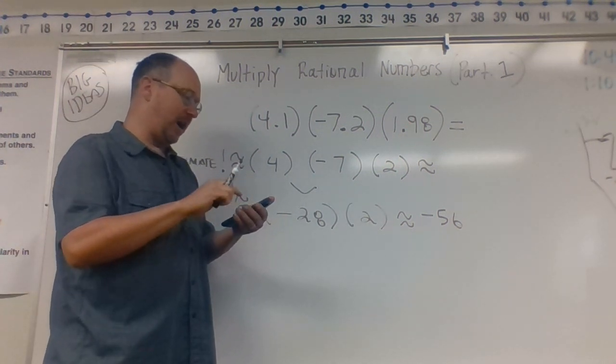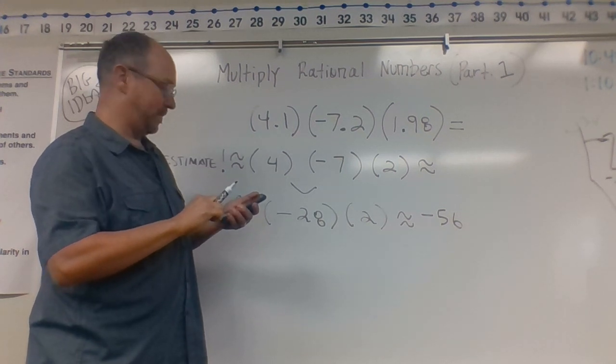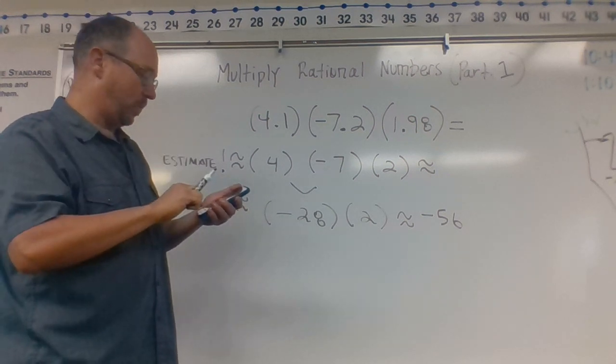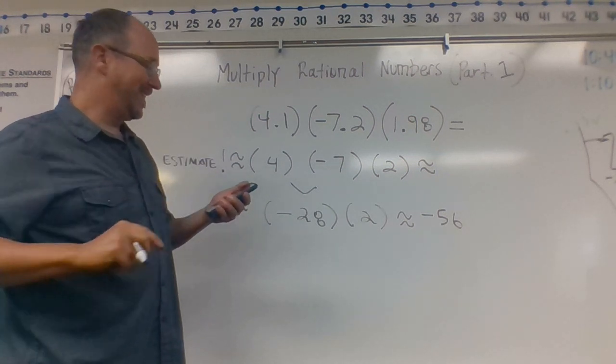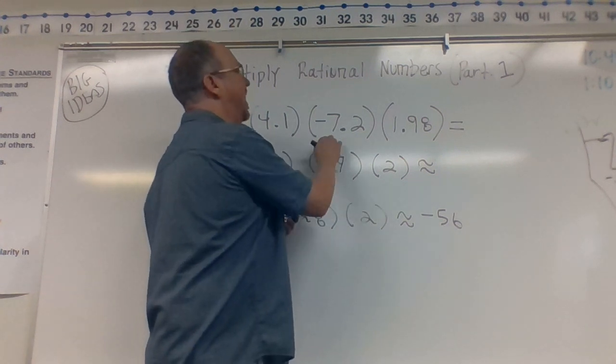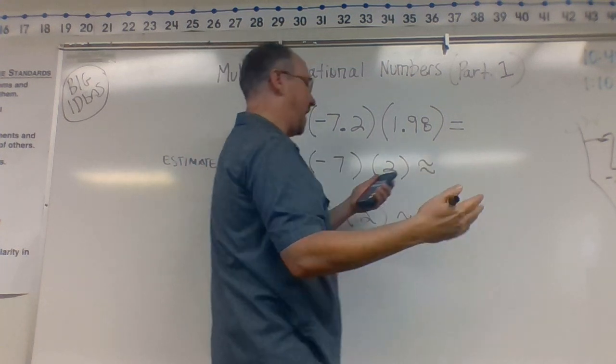We would check our 4 and 1/10 times a negative 7 and 2/10 times 1 and 98 hundredths is equal to, so we have a positive times a negative is a negative, and then the negative times a positive.